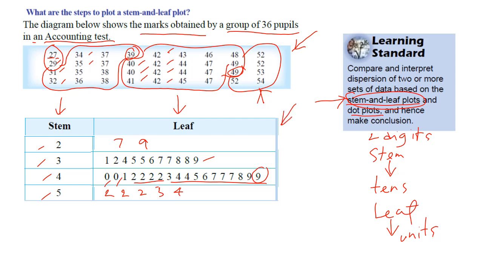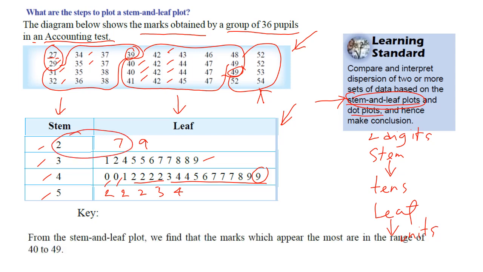So how do you interpret it? Before you interpret, you must write the key. The key for this stem and leaf plot is, let's say this one, 27.